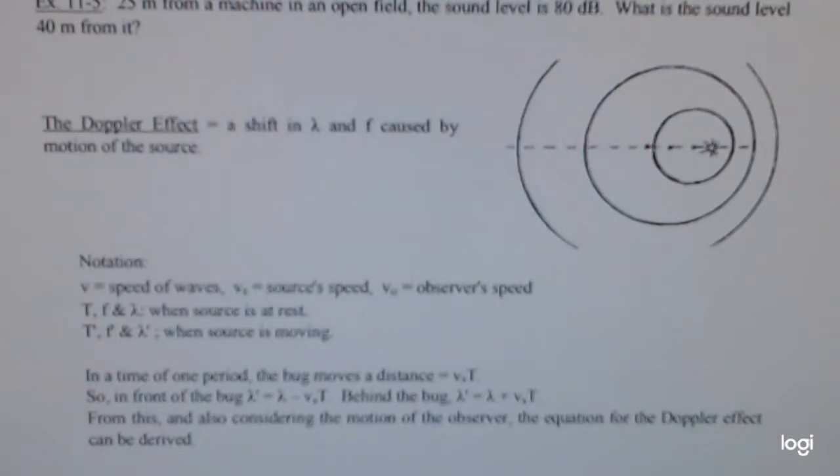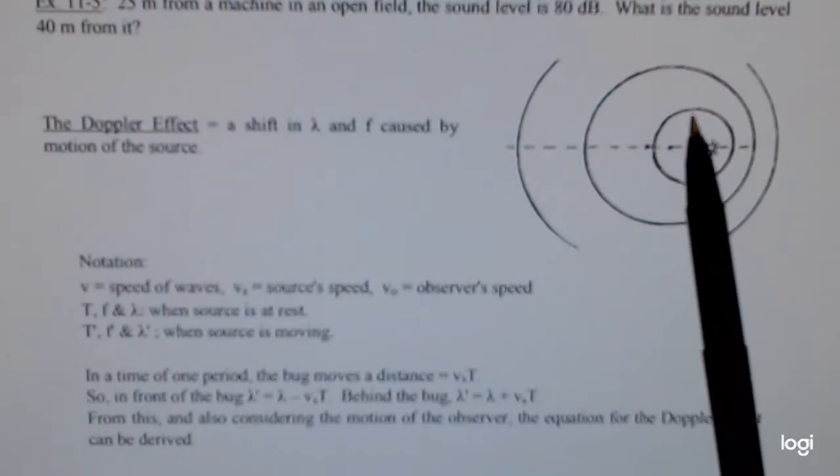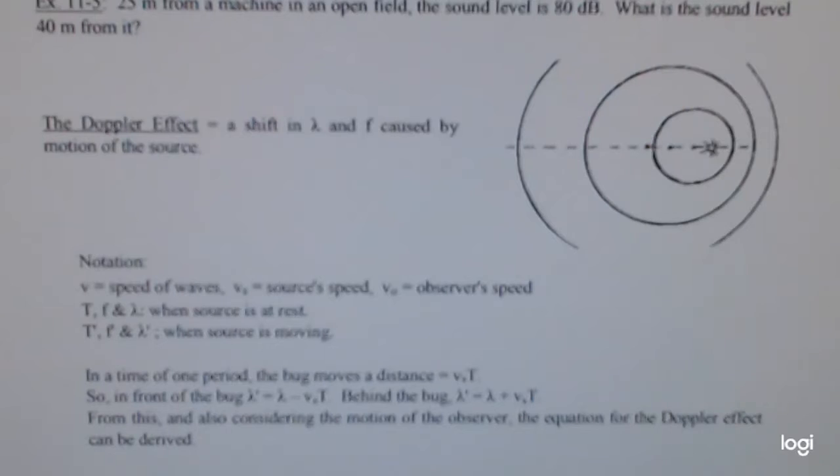And then what I did in the old version of the recording is I took this expression for how much the wavelength gets changed, and I did a bunch of substitutions and some algebra to show what the shifted frequency looks like. The frequency is going to be higher here, higher than it would be if the insect was stationary, as those shorter waves will go by you more frequently than they would if they were longer.